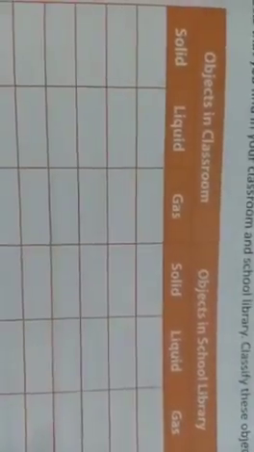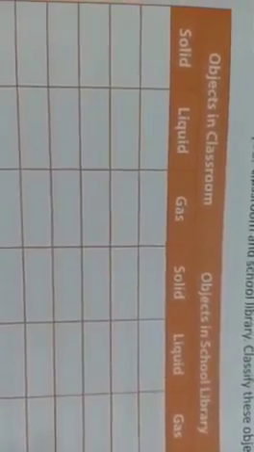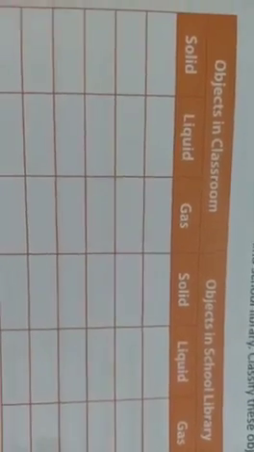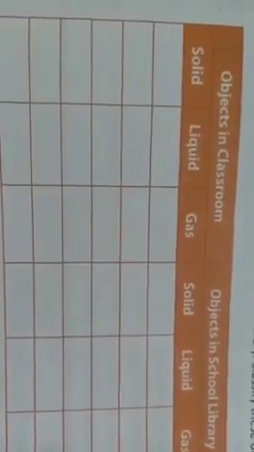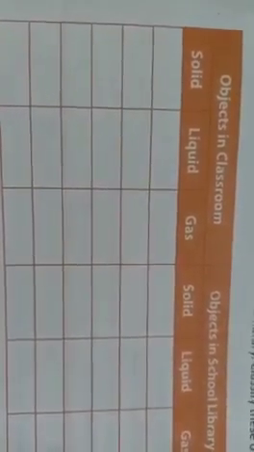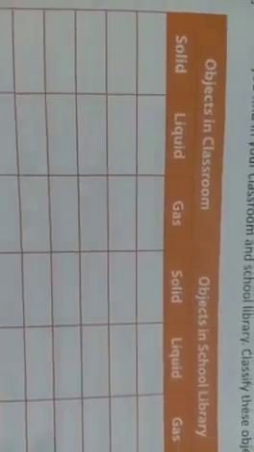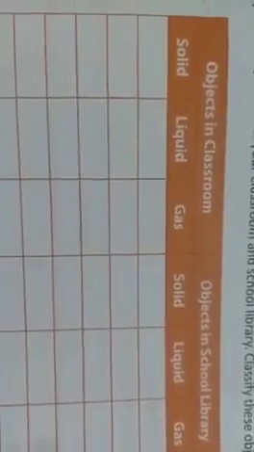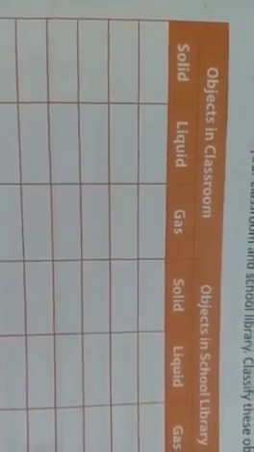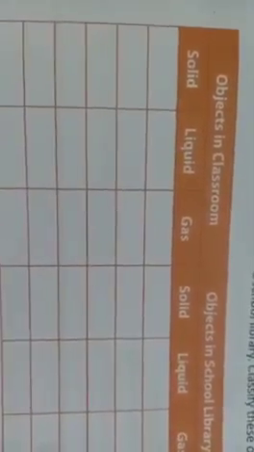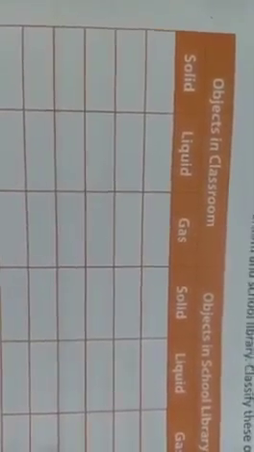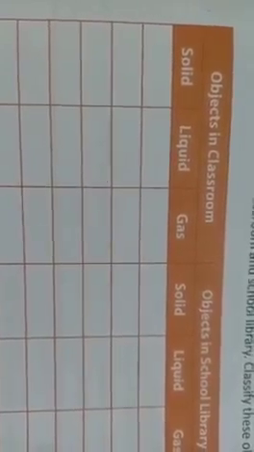You need to define the objects in the classroom and the objects in the school library and categorize them as solids, liquids and gas. So in standard 5, you have already read in chapter 6 about matter and the different states of matter.